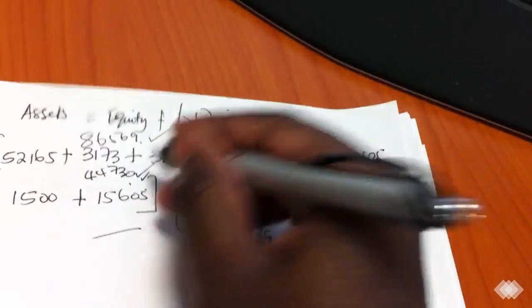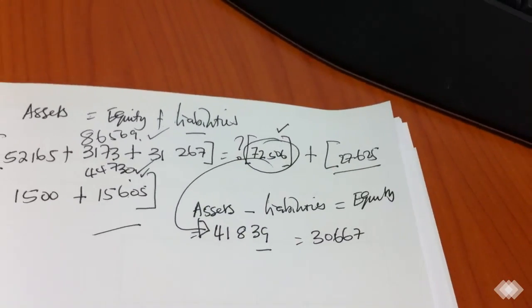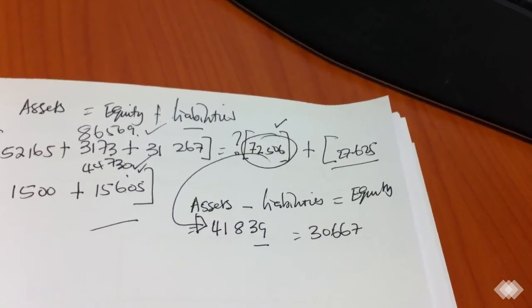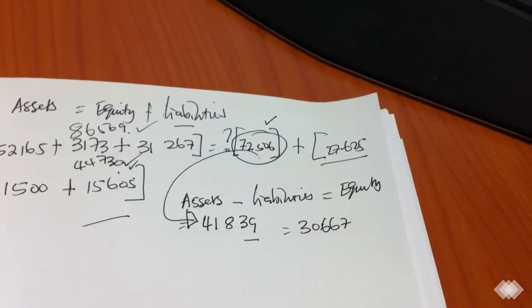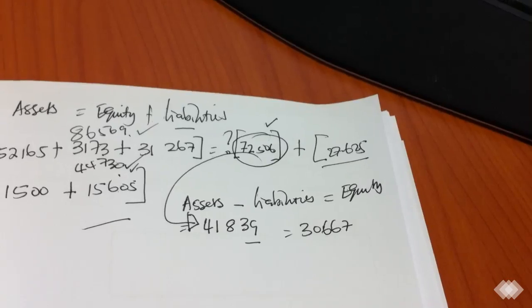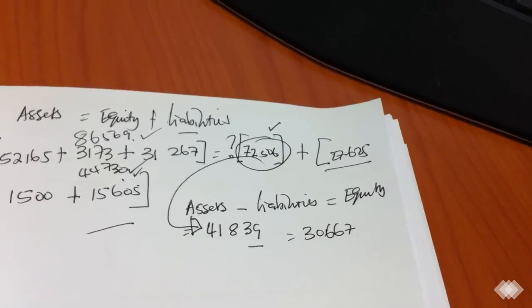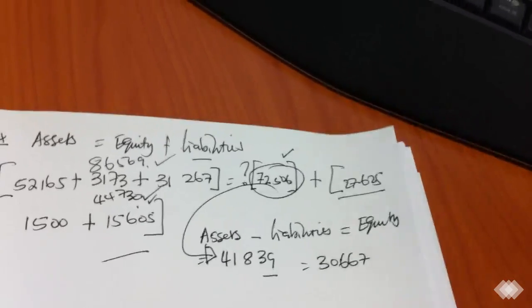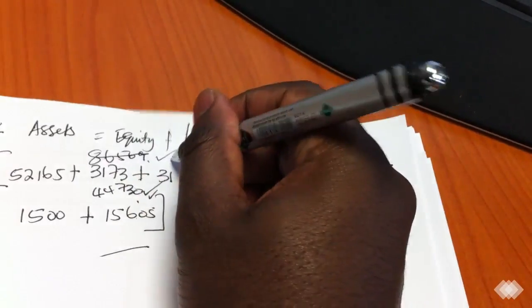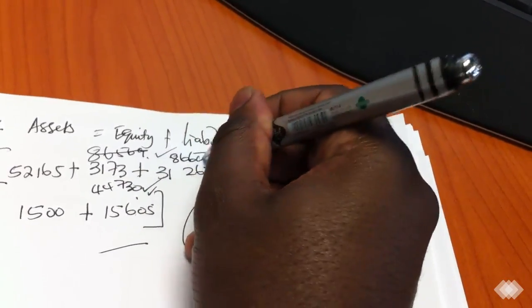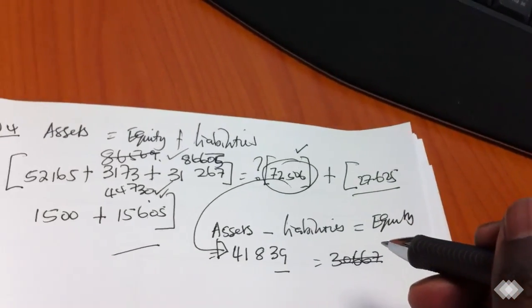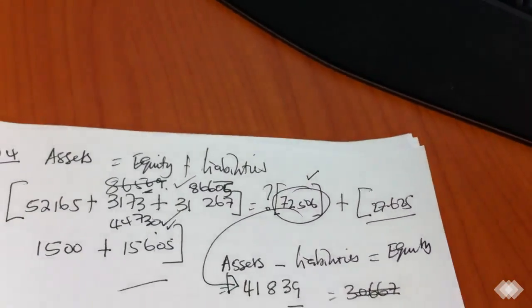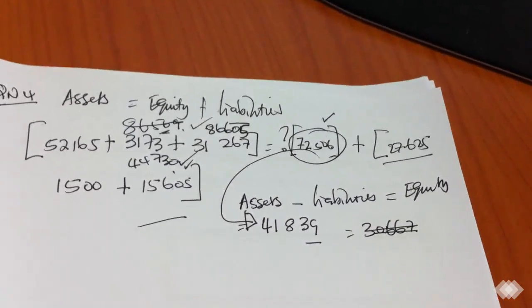So this one is correct. 85265 plus 3173 plus 31267. So this one is wrong. It's supposed to be 86605. Alright, 86605, not this one. Forgive my additions there. Trying to do it quickly.